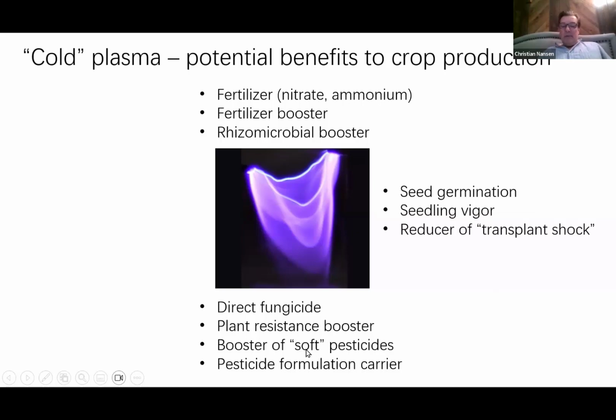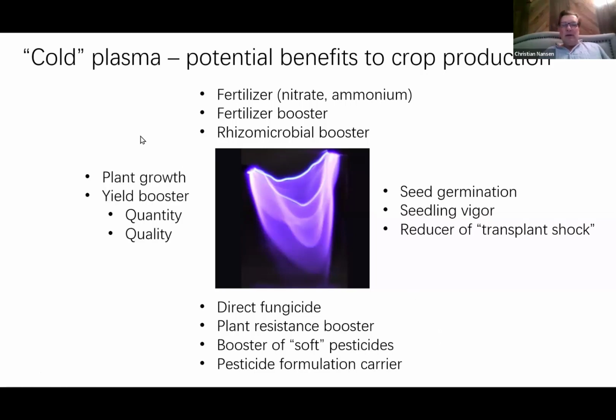We also have data demonstrating that combining the PAW with soft or organically certified pesticides can be very important: instead of using regular water, using PAW as the carrier, and it may even boost the pesticides in other ways.